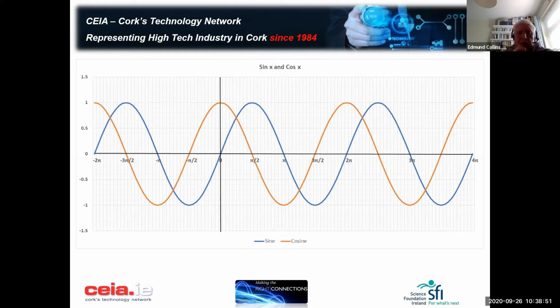But if you look at the cosine, it has the exact same appearance as the sine, except that at the angle 0 degrees or 0 radians, the cosine is 1, whereas the sine is 0. It's 90 degrees out of phase, and that's actually interesting.